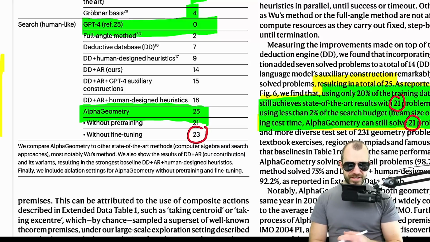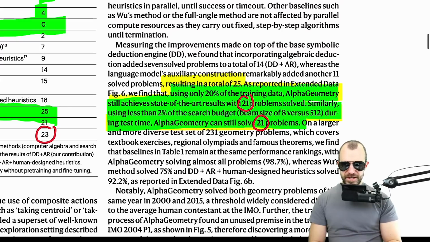They frame it here as, if we only use 2%, we still achieve state of the art. I read that as, we pumped a lot more compute and data into it, and we only got very marginal returns for it.